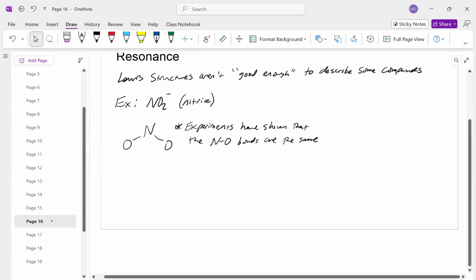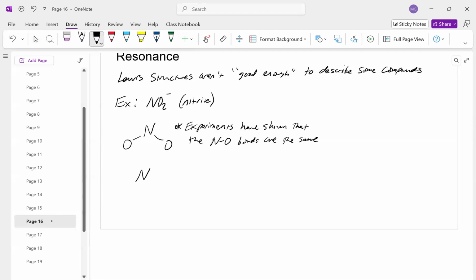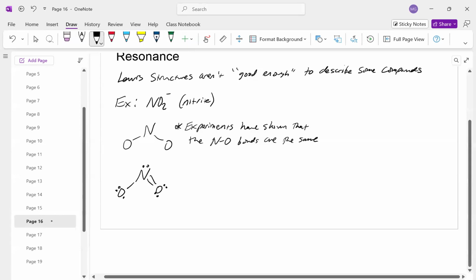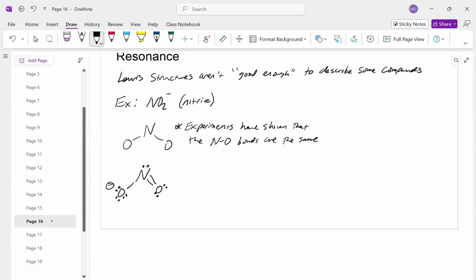Now, why is that interesting? Well, let's just look at a Lewis structure of nitrite. Again, take my word for this for right now. It'll become more clear when we actually start drawing Lewis structures. So here's a Lewis structure for nitrite.